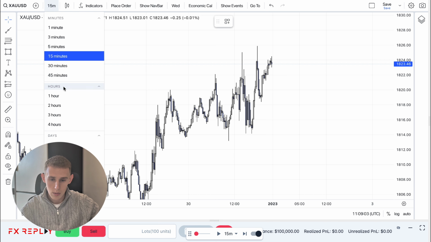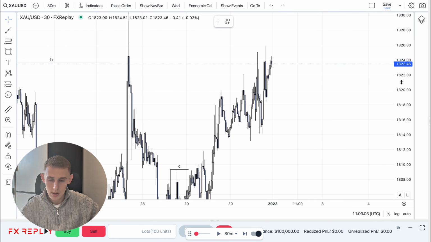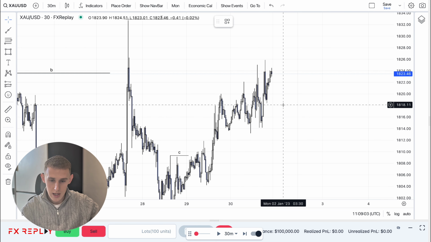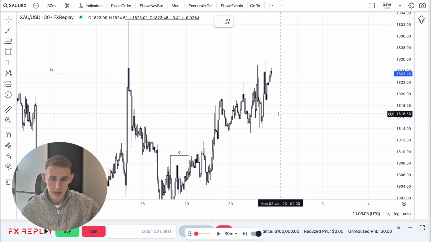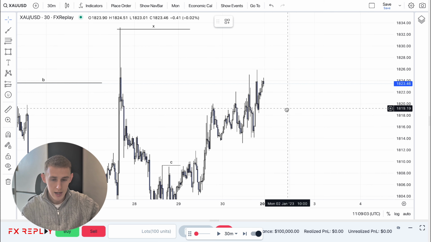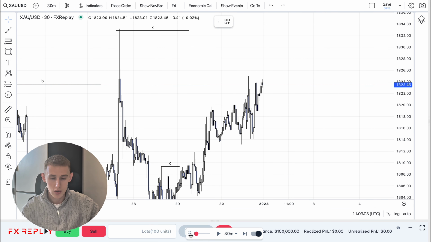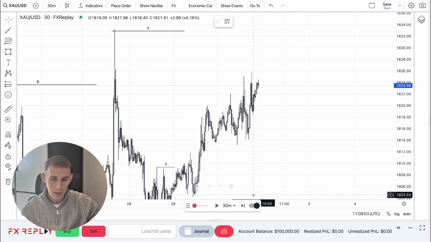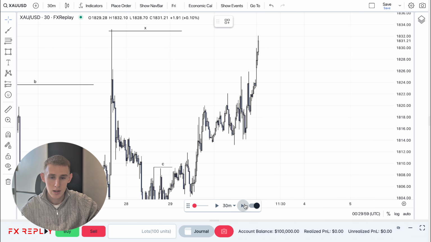So where could we see price pull back into? Maybe you could see this low here taken out into this imbalanced range. So to be honest, at the moment, there's not really any clear points of interest that I'd look to trade from. So we'll play price a little bit and see if it does indeed pull back.